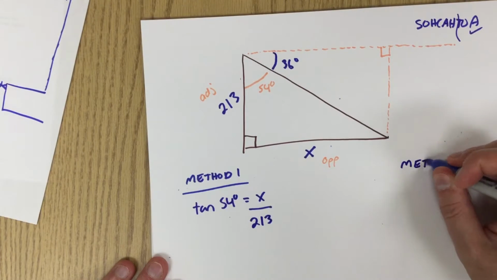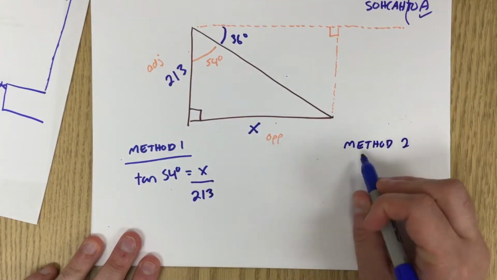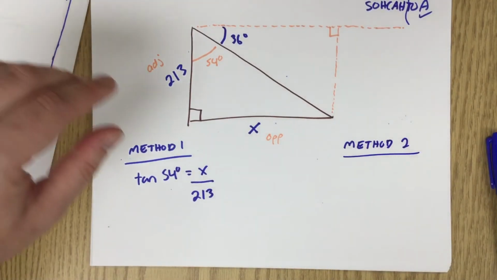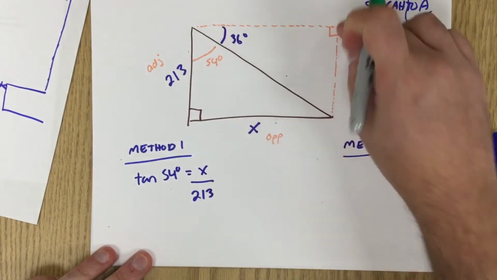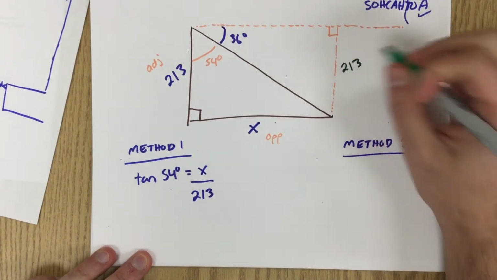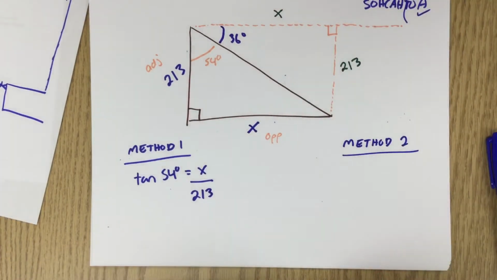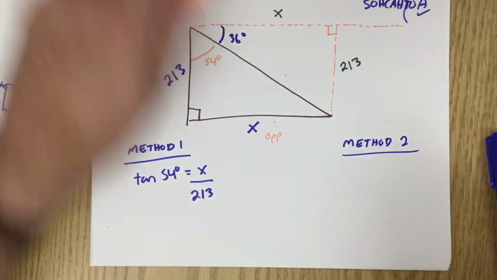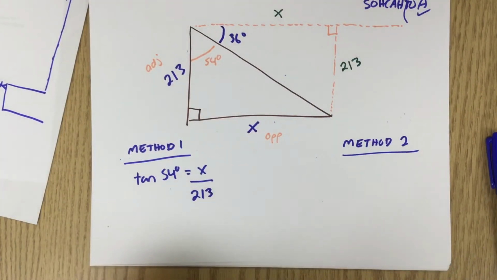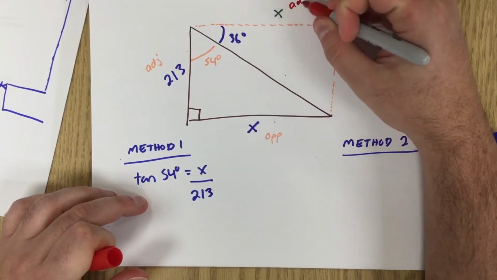So tangent of 54 degrees is x over 213. Alternatively, method 2: we could have said, okay, this is 36 degrees, this is 213, which means this also has to be 213. This is x, which means this also has to be x. And so we could deal with this triangle over here, where this becomes the opposite, and this becomes the adjacent.